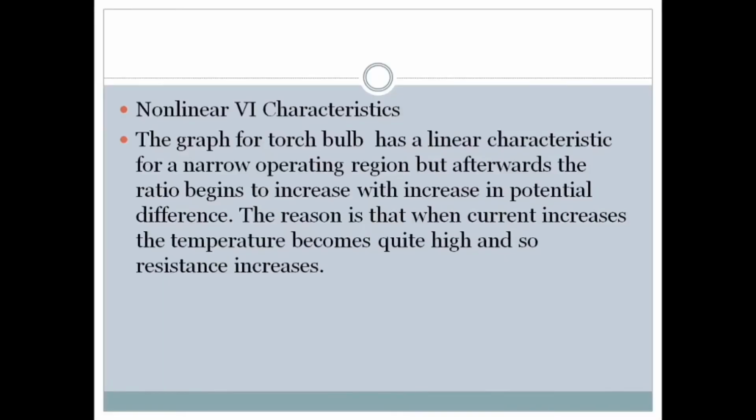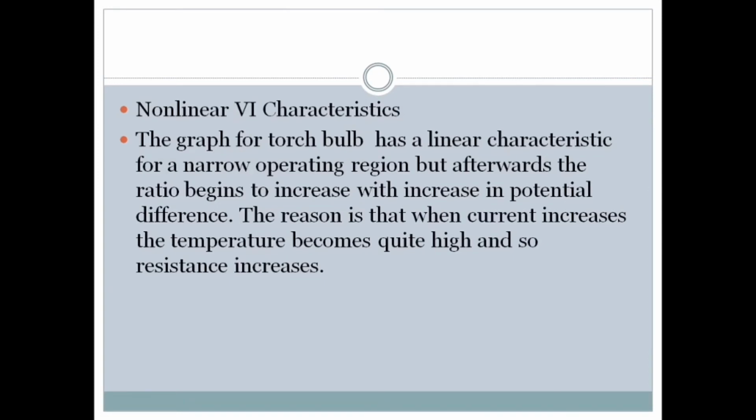Non-linear VI characteristics. In certain cases, the graph between V and I is not linear. Such conductors or resistors do not obey Ohm's law. For example, the graph for a torch bulb has a linear characteristic for a very small region in the beginning, but afterwards the ratio V upon I begins to increase with the increase in potential difference.